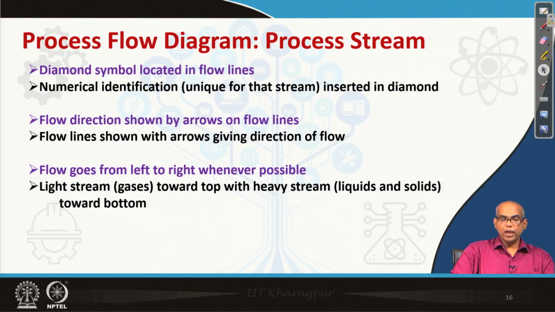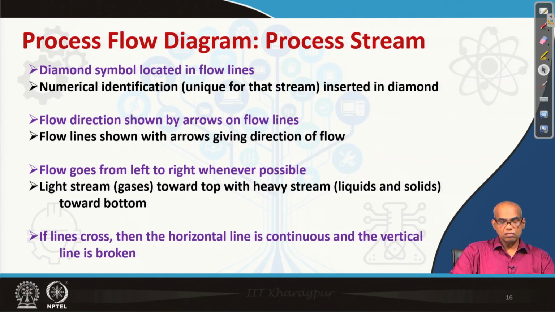Flow goes from left to right whenever possible. Light streams, gases, go toward the top, with heavy streams, liquids and solids, towards the bottom. This is the general convention, that the process streams which are light will be placed towards the top, and the liquid and solid streams will be placed towards the bottom.